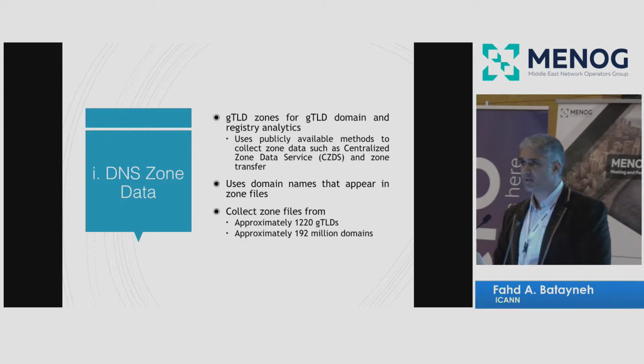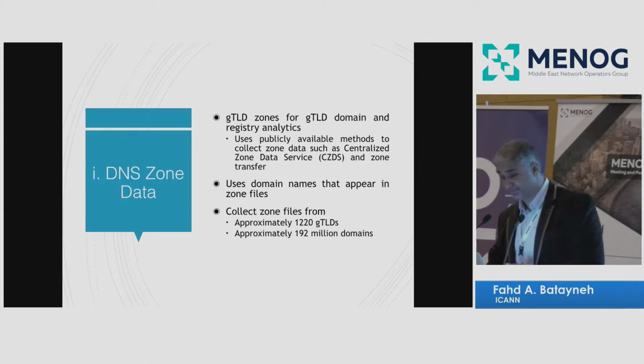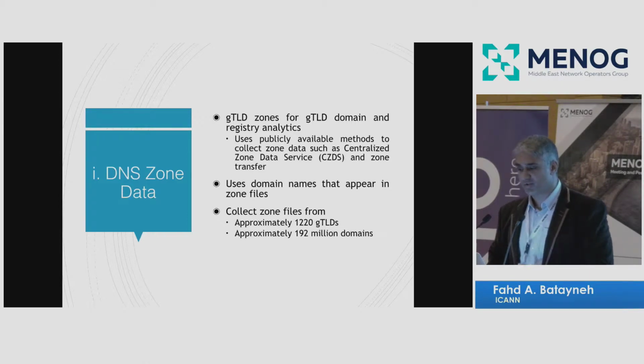When it comes to DNS zone data, there are many ways one can access a TLD's zone data. Within ICANN, we developed a system a couple of years ago called the Centralized Zone Data Service, and many of the TLDs, mainly the generic ones, are actually on that system.